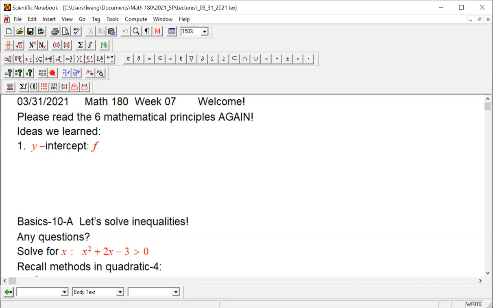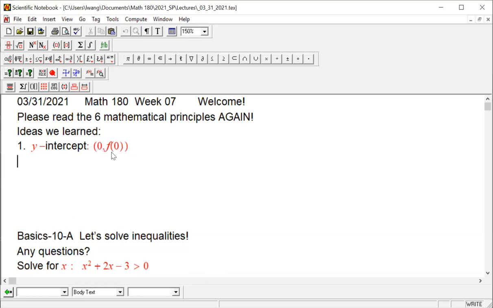If it's not a function, of course, it's a different story. That's how to find Y-intercept. So Y-intercept is a point, 0, comma, f of 0. That's Y-intercept. How to find X-intercept?